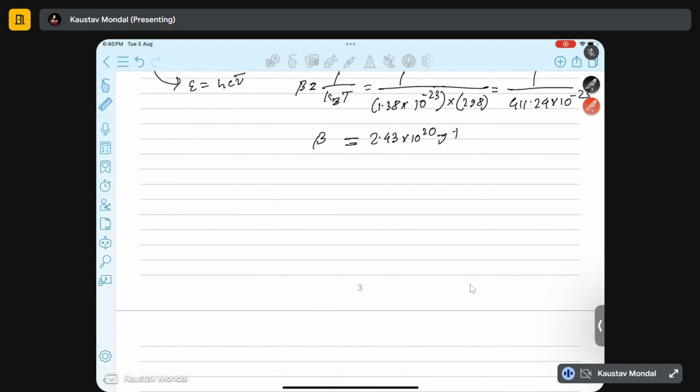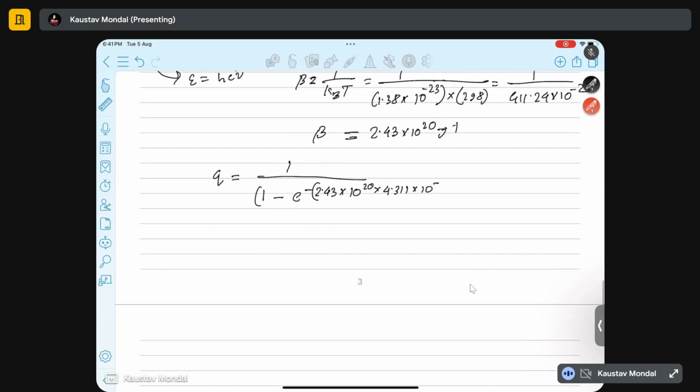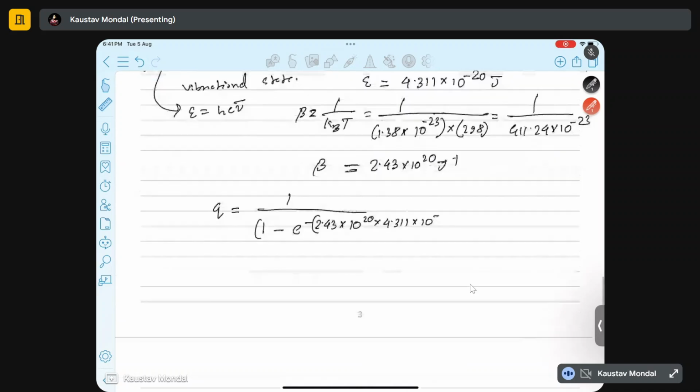So partition function Q would be Q equal to 1 by 1 minus e to the power minus 2.43 into 10 to the power 20 into 4.311 into 10 to the power minus 20. Okay. So now if I calculate this, 10 to the power 20 and 10 to the power minus 20 will cancel, right?